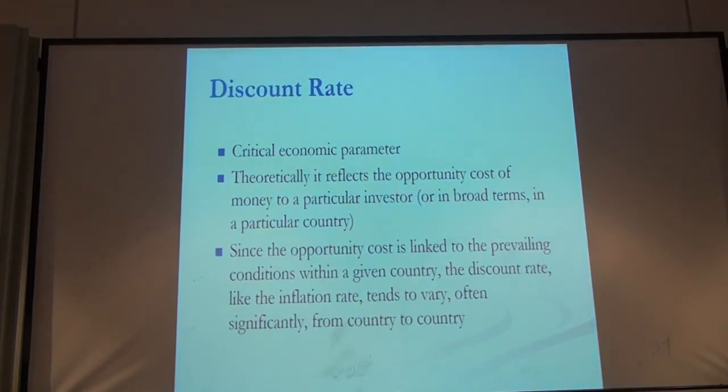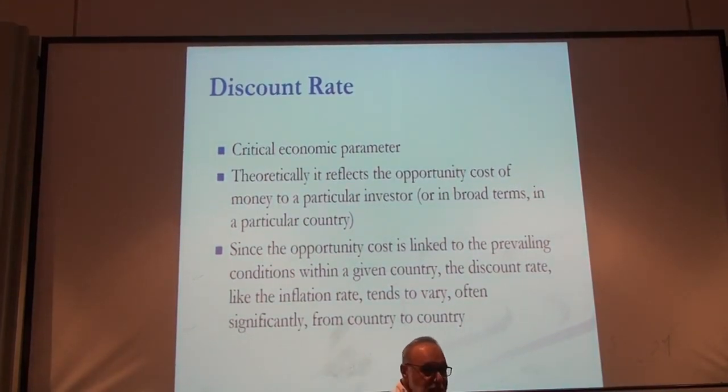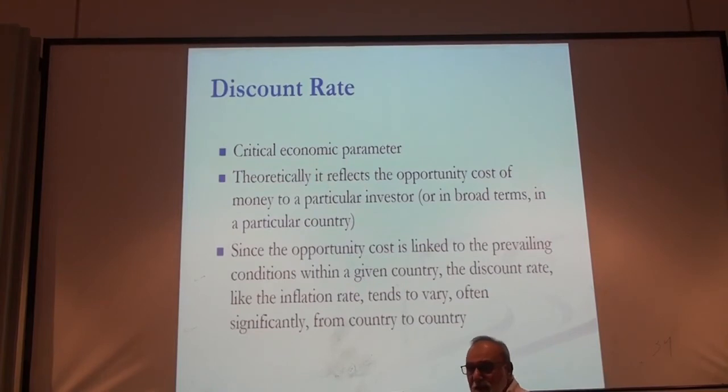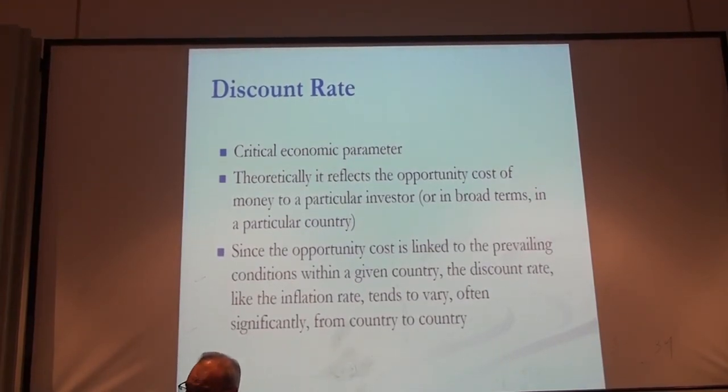Normally the discount rates for the third world countries are dictated by the IMF, the World Bank, Asian Development Banks. These lending agencies say, use this discount rate for your analysis.